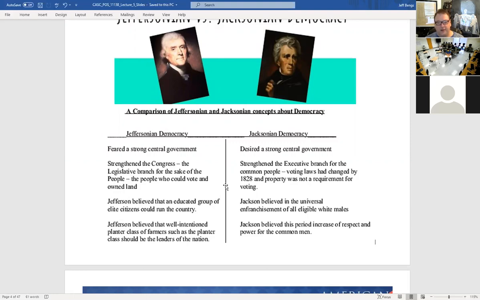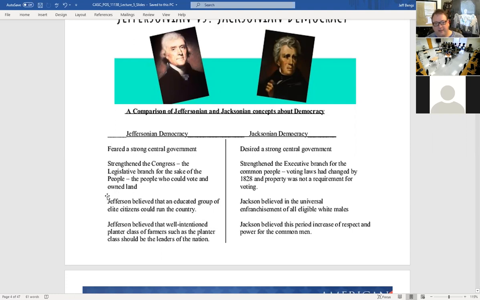So Jefferson feared this larger central government being run by the educated elite citizens who would not consider the common people, the farmers and the planters, as much.